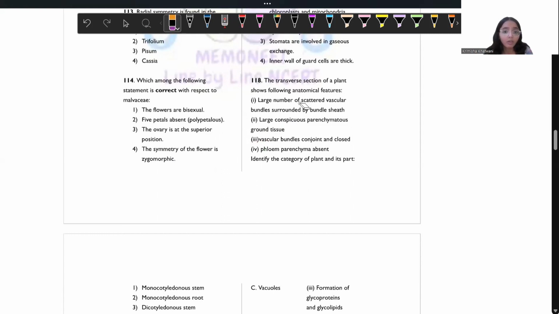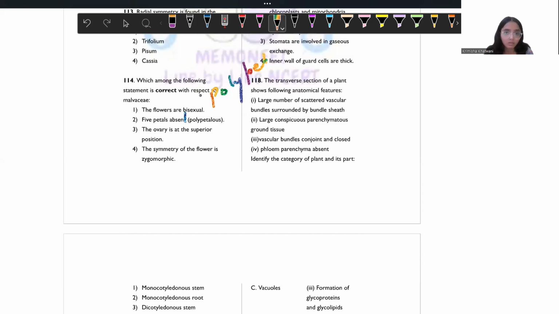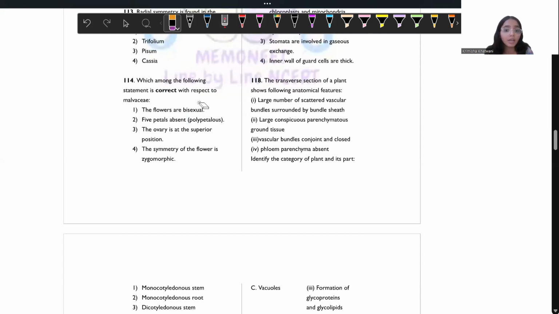There are 5 petals present in the Malvaceae family, so it is polypetalous with 5 petals. Saying it is absent is also a wrong statement. Understood? Now the ovary of the Malvaceae family is superiorly located. It is a correct statement. Now the symmetry of the flower of the Malvaceae family is actinomorphic, which means they are radially symmetric.